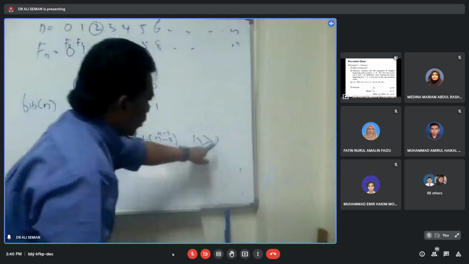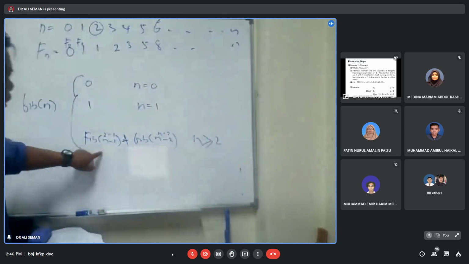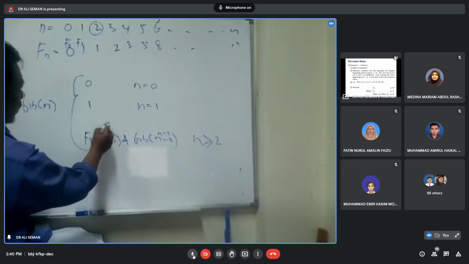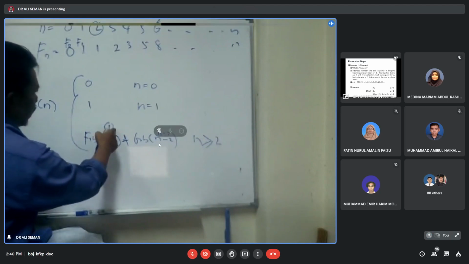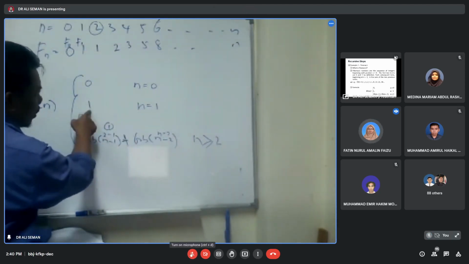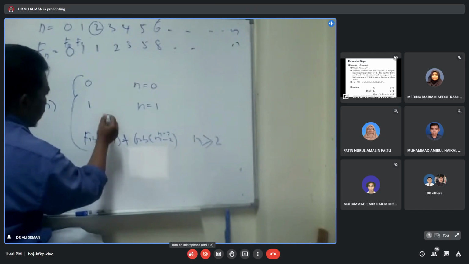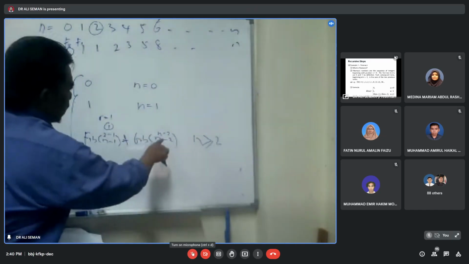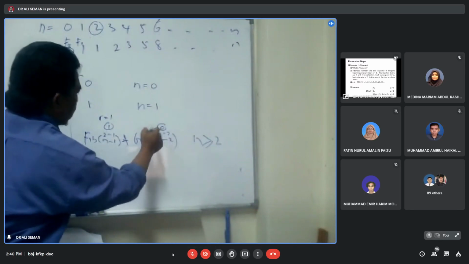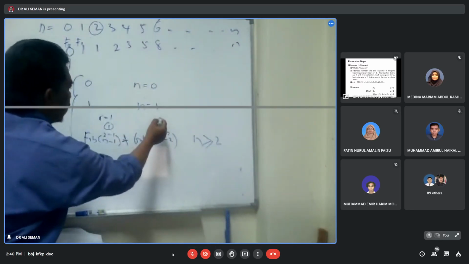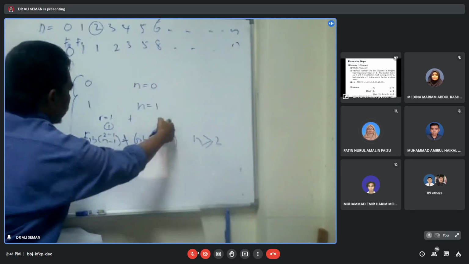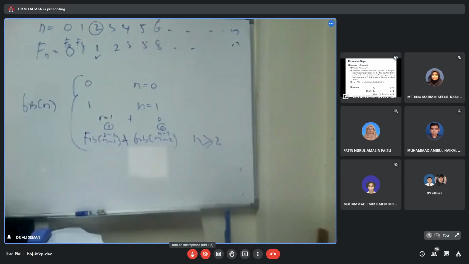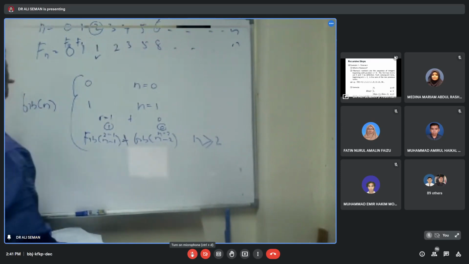If n is greater than or equal to 2, then we take this condition. So 2 minus 1 is 1, Fibonacci 1 returns 1. Fibonacci of n minus 2 is Fibonacci 0, which returns 0. So 1 plus 0, 1. Correct?